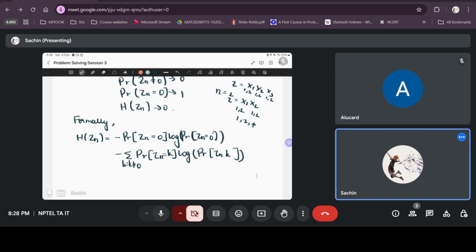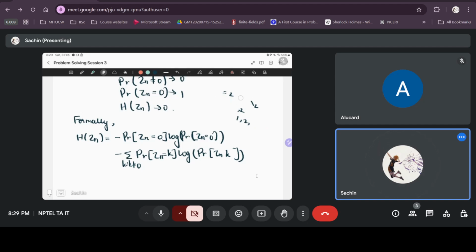So you can get 1 into 1 into 1, which is 1, or you can get 1 into 1 into 2, which is 2, or you can get 1 into 2 into 2, which is 4, or you can get 2 into 2 into 2, which is 8. You can get any of these four values.